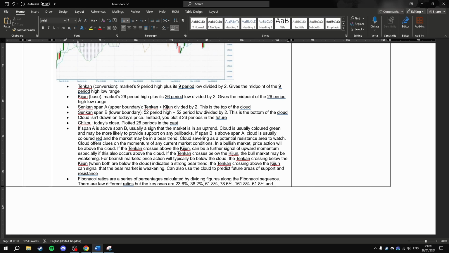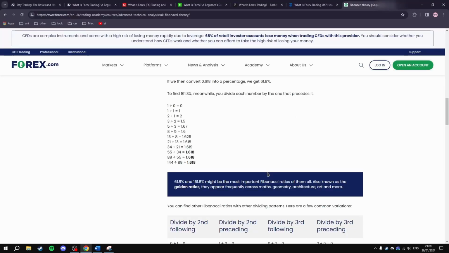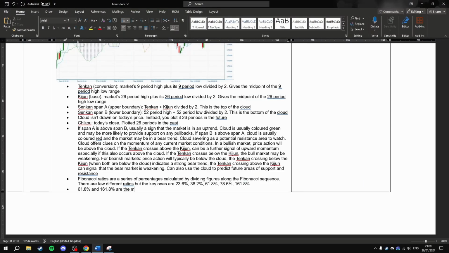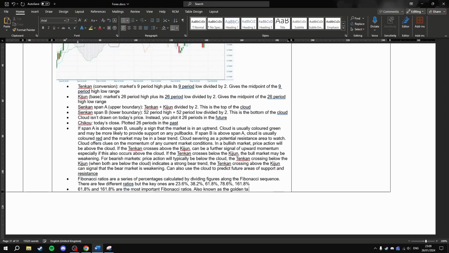61.8% and 161.8% are the most important Fibonacci ratios, also known as the golden ratios.